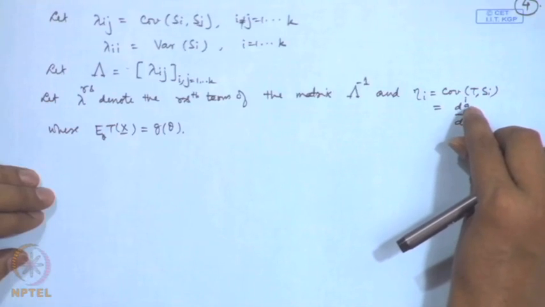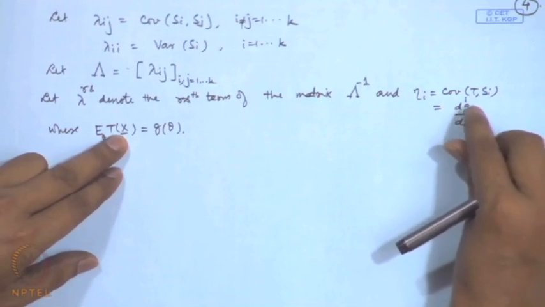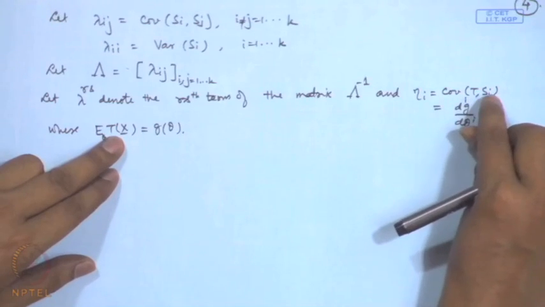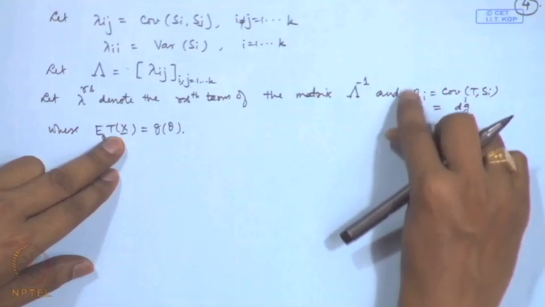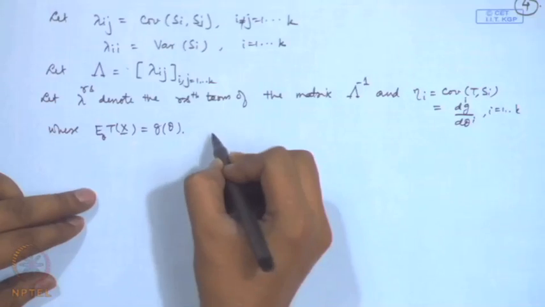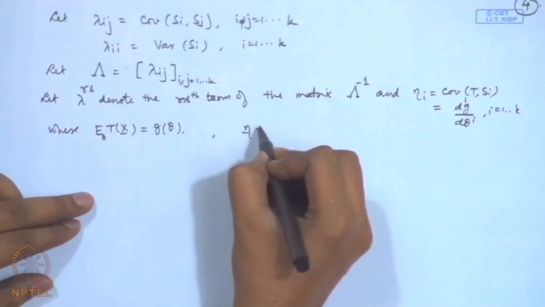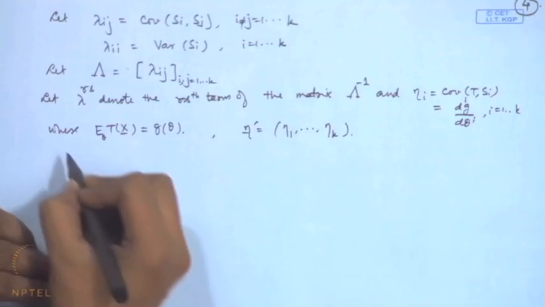Let us consider the derivative of the expectation of T(x). If I consider the ith derivative, it will give me the expectation of T S_i. Since the expectation of S_i is 0, this becomes the covariance, and I denote it by eta_i for i equal to 1 to k, and let us denote the eta vector to be eta_1, eta_2, ..., eta_k.